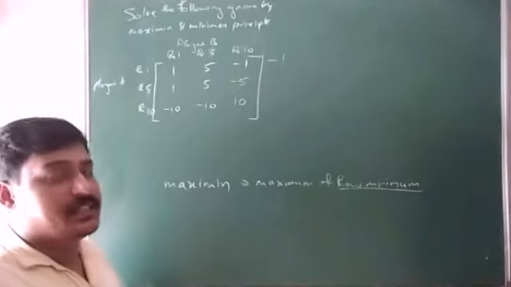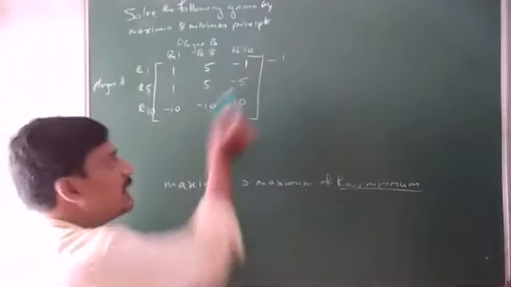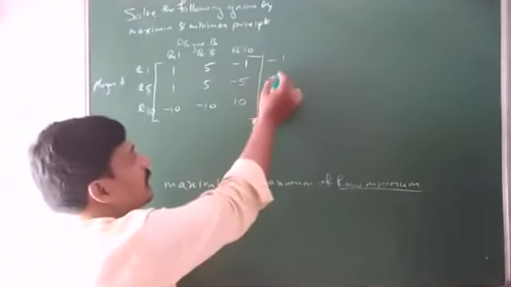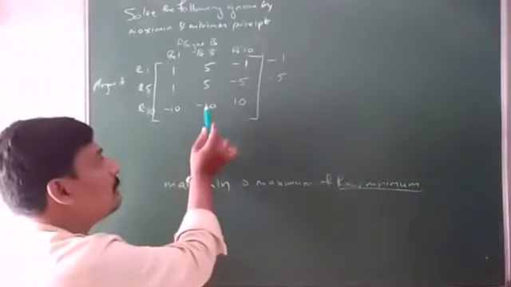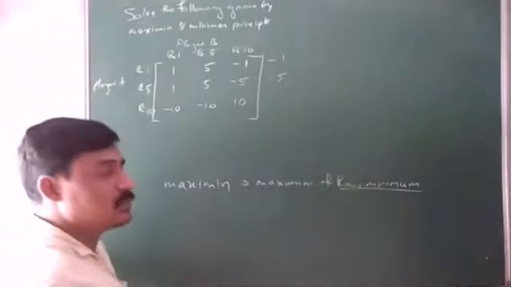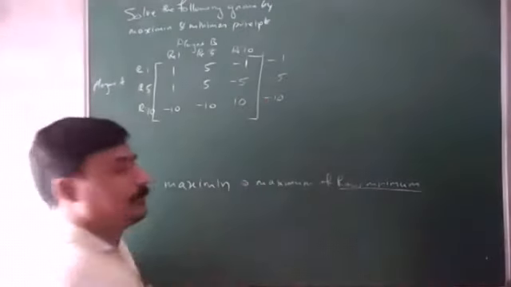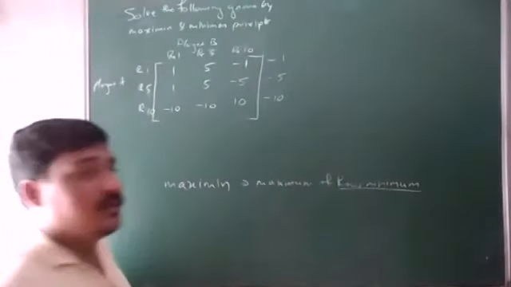Next, in the second row, 1, 5, -5. Again, minimum among these 3 is -5. And next, -10, -10, +10. So minimum amount here is -10. So we have to find what now?